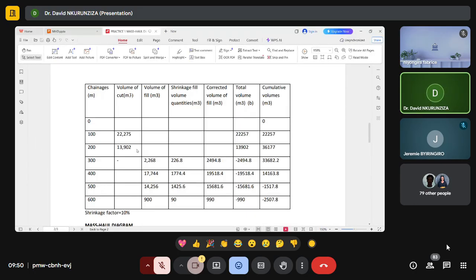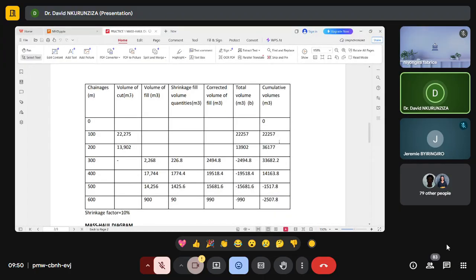And then we continue from 100 up to 200 meters. We are still cutting. So between chainage 100 and 200, we cut a volume of 13,902. Which means when we reach 200, the volume will be cumulative.